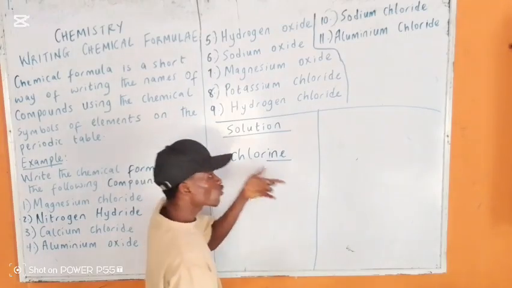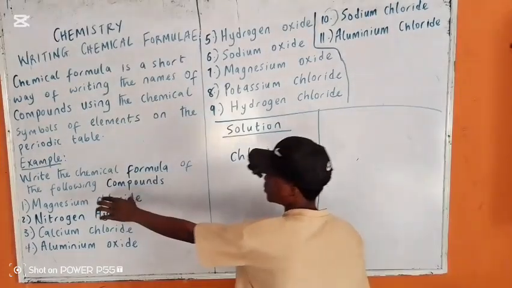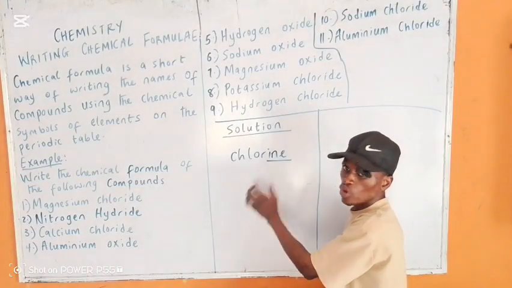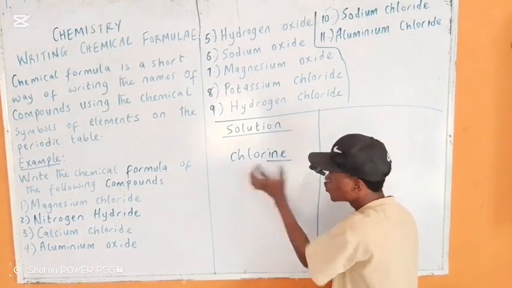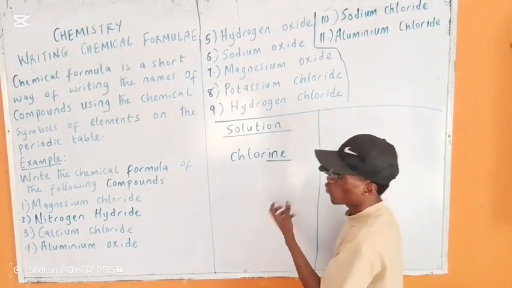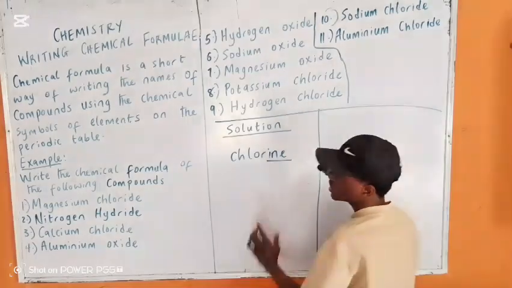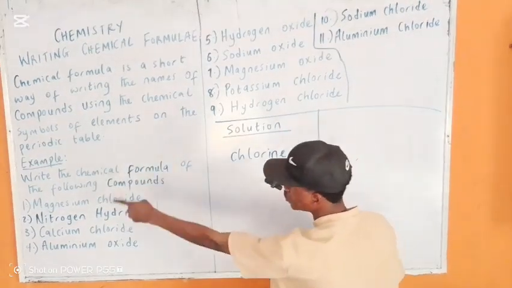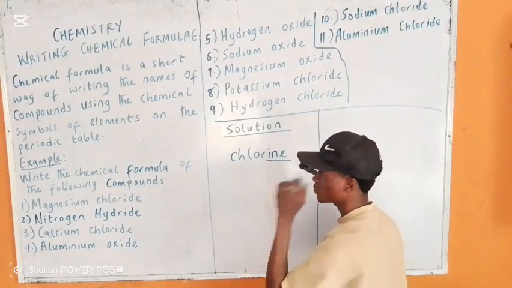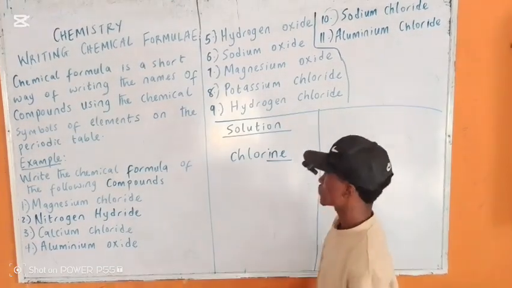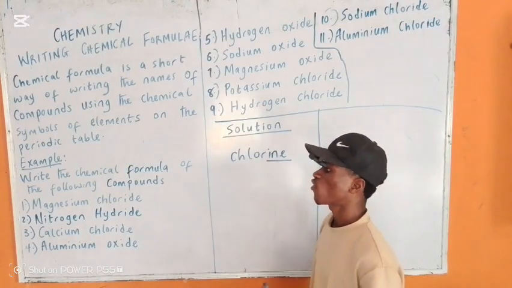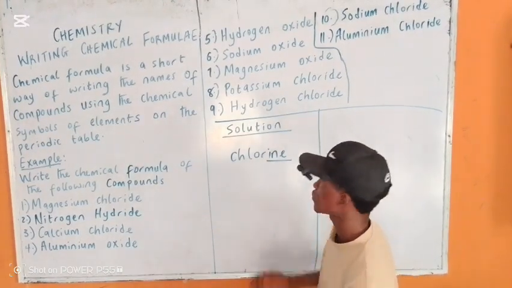From chlorine, it is now chloride when you combine with magnesium. So normally it is what? Chlorine. When you combine with magnesium, it is now chloride. So we have 2 elements here, which are magnesium and what? And chlorine. Now, let's write out the chemical formula of magnesium chloride down.